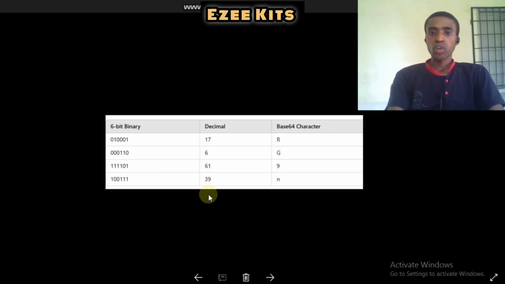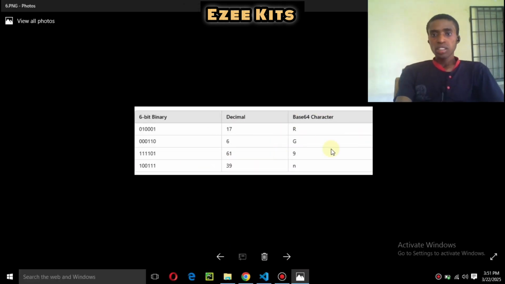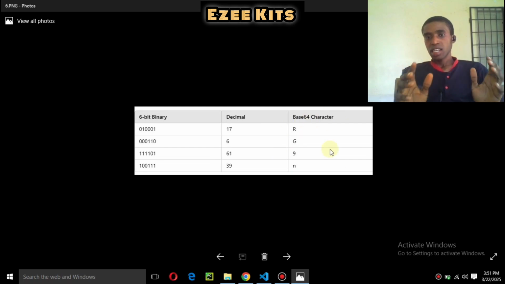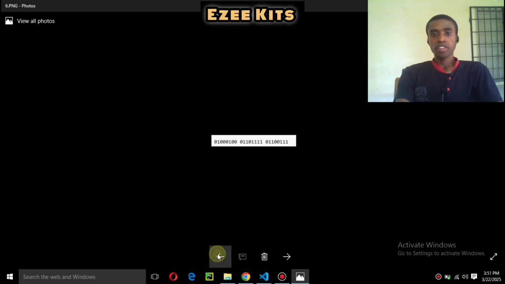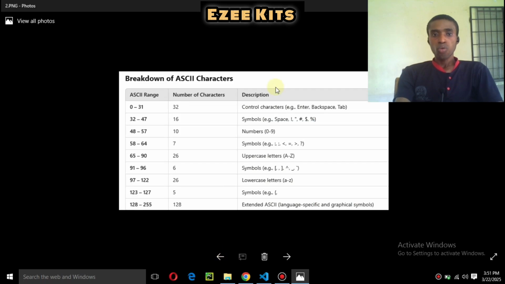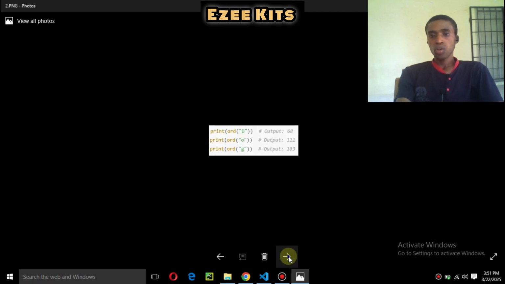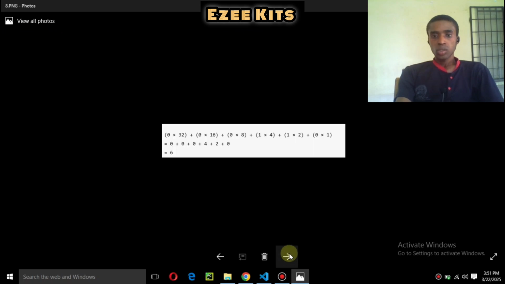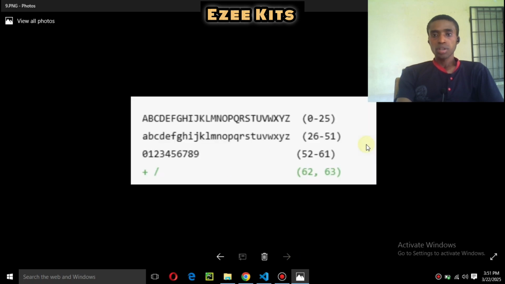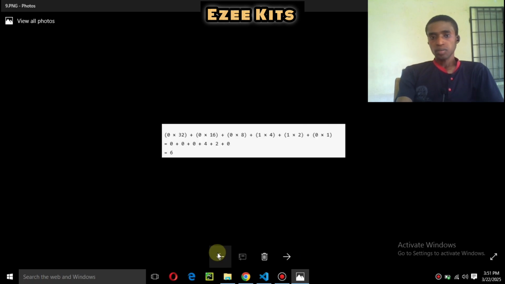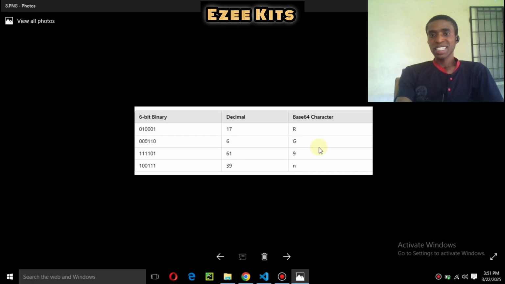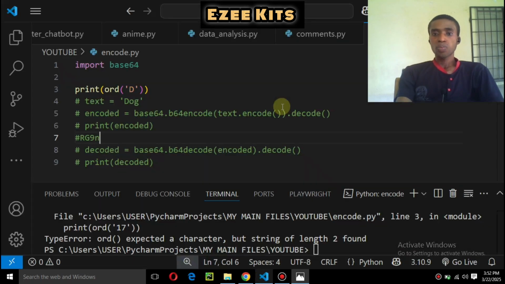So since we have gotten to this point, how did these base64 characters come to be? How they came to be is basically simple. They came from our initial table that we made use of here. But trying to make use of these tables can be a bit complex, so we're going to make use of this broken down table right here to get our base64 characters, like how I explained here.